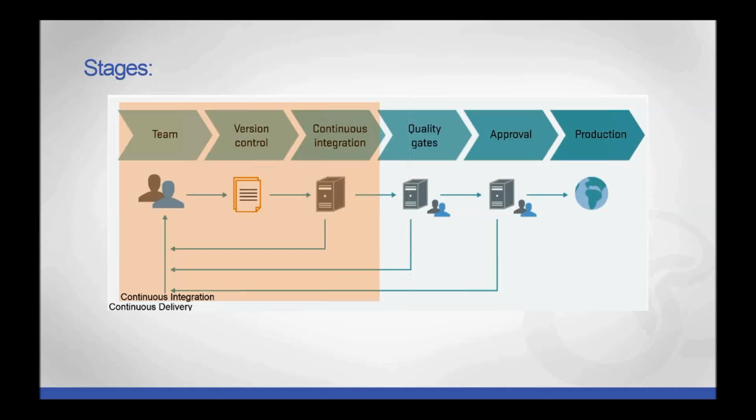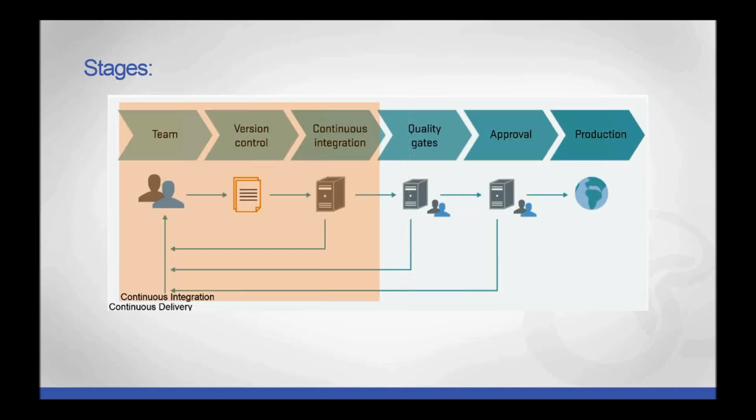Now, typically in continuous delivery, you have different stages. The first one is, of course, when you have a team of developers that work on your project, and they use some sort of version control like Git or TFS or any other tool for that matter to store different versions of the code that they develop, and a tool that, for example, provides conflict resolution and so on.